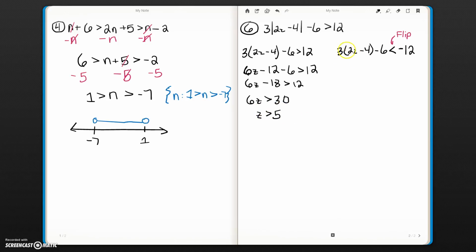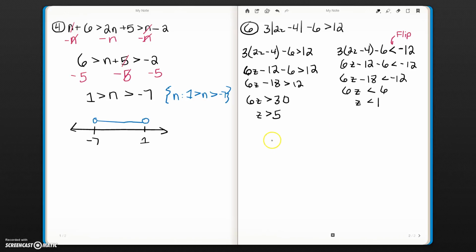Over here, we multiply it out, we get 6z minus 12 minus 6 is less than negative 12. Then we get 6z minus 18 is less than negative 12. Add 18 to both sides just as before, and we get less than 6, so z is less than 1.